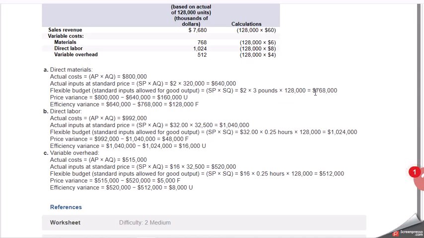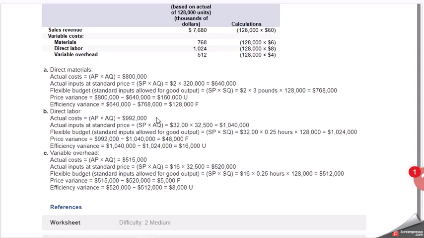So 640,000 compared to the 768,000 gives us 128,000 favorable. So we would have used fewer pounds than we had estimated.